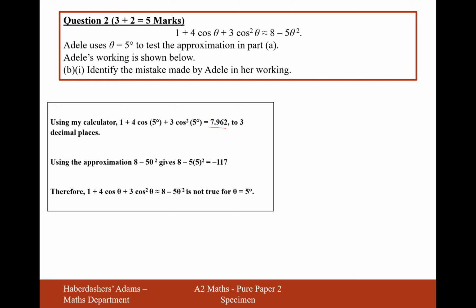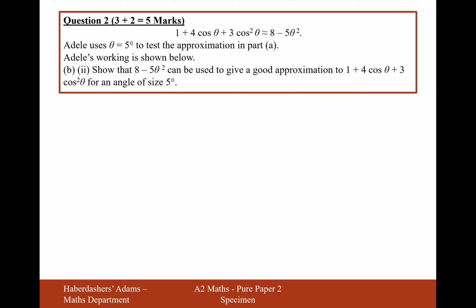So it doesn't look like these two numbers match up at all. Adele's mistake was that the angle needs to be in radians mode. Having your angle in degrees mode is not allowed. Your angle must be in radians mode. So that was her mistake.